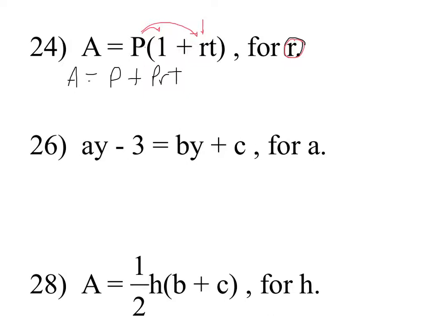Now again, we want to solve for r. So to get it alone, I'm going to subtract the p first, like in the last question. Addition, subtraction first. And then all of these are being multiplied, so we can divide by what we don't want.